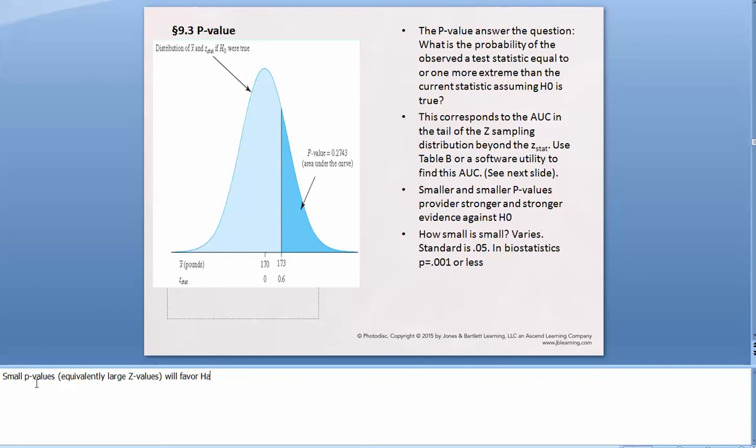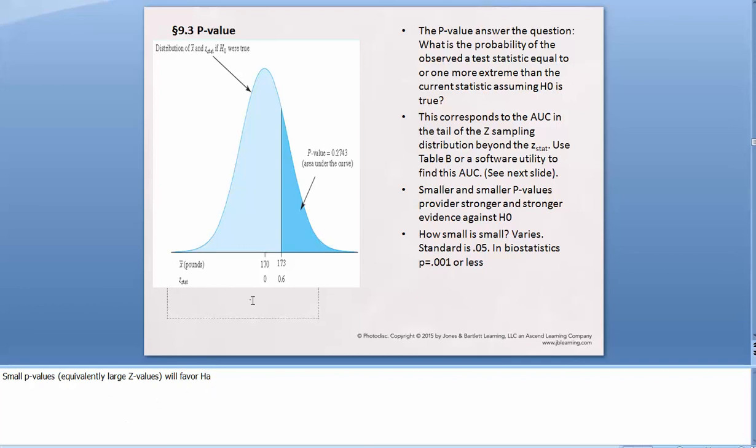If you read scientific articles, p-values will always be reported in modern articles. And if you write a scientific article based on some data or experiment, you need to report the p-value. And remember, smaller p-values will favor HA.